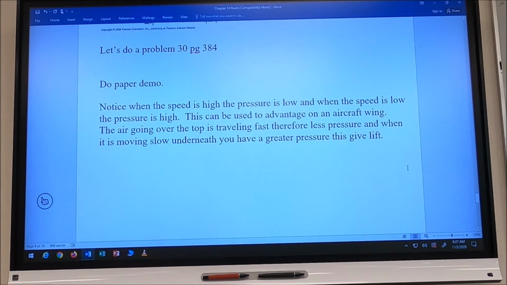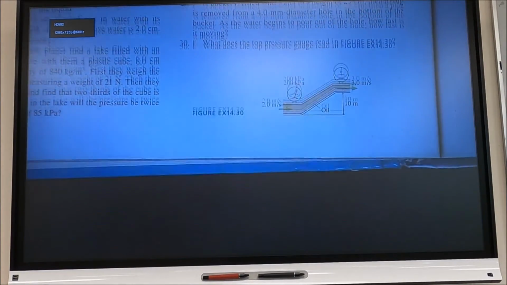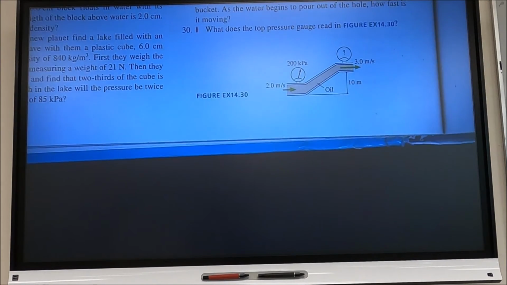So we're going to look at a problem, okay? At the back of the book, we're going to look at problem 30 on page 384. It says, what does the top pressure gauge read in 14.40?